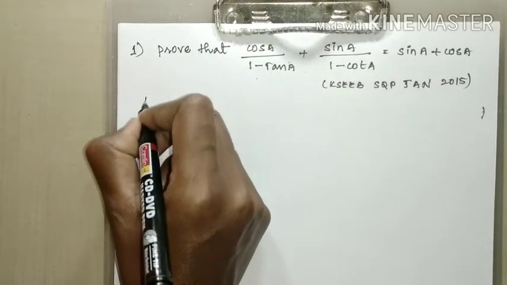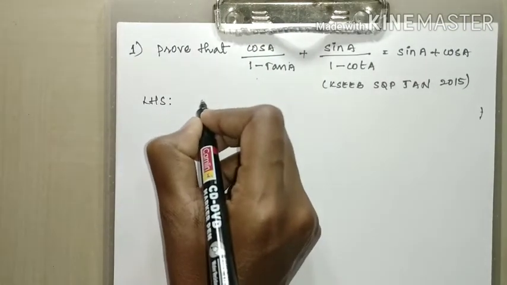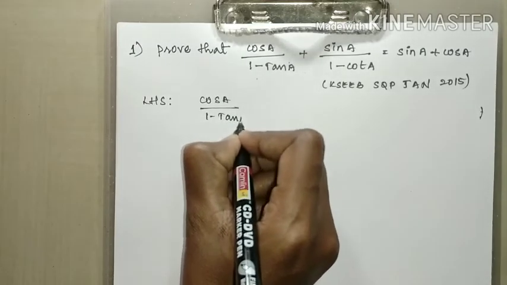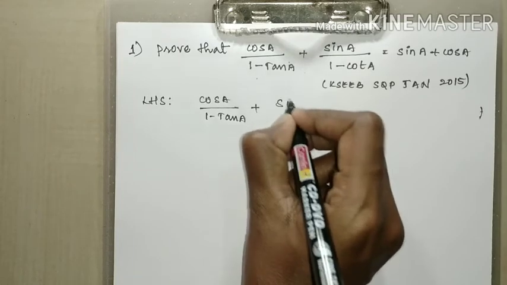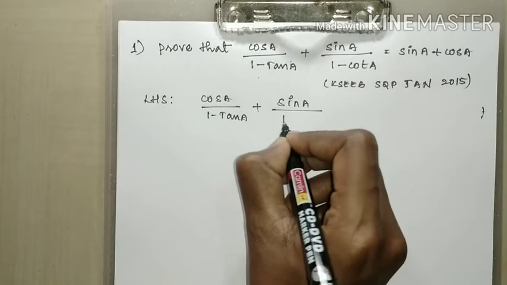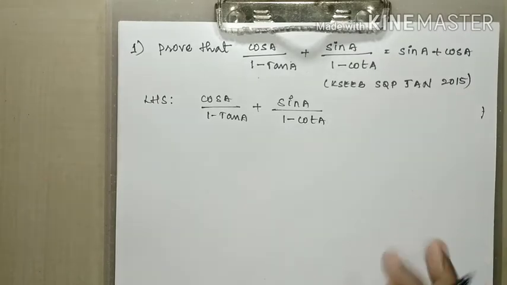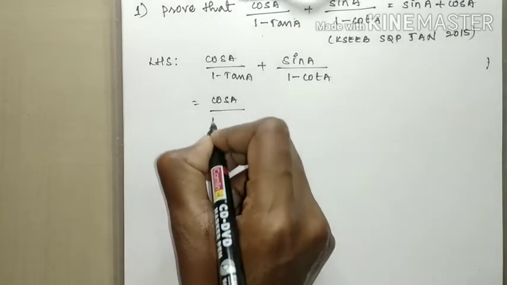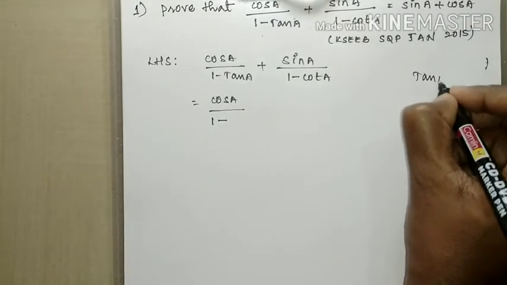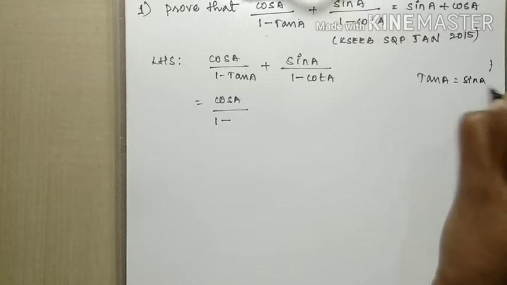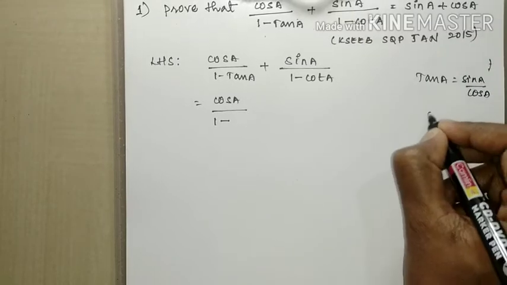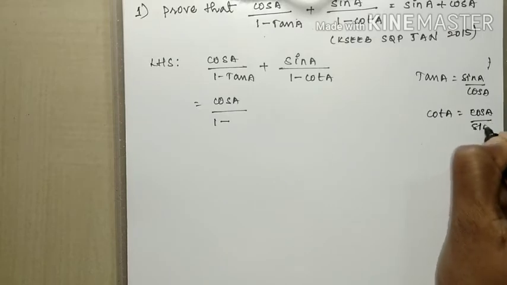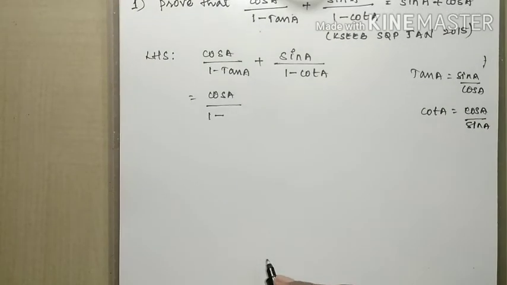So here let me take the LHS part, that is cos A by 1 minus tan A plus sin A by 1 minus cot A. Here tan A is nothing but sin A by cos A, and cot A is cos A by sin A. Let me substitute this.